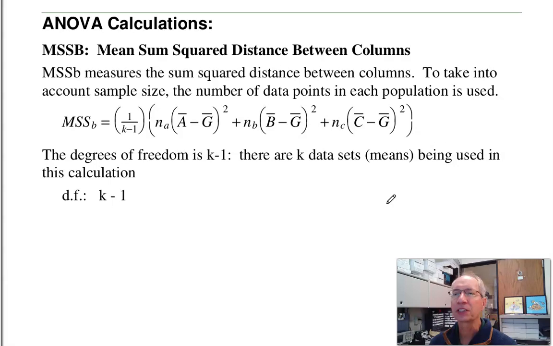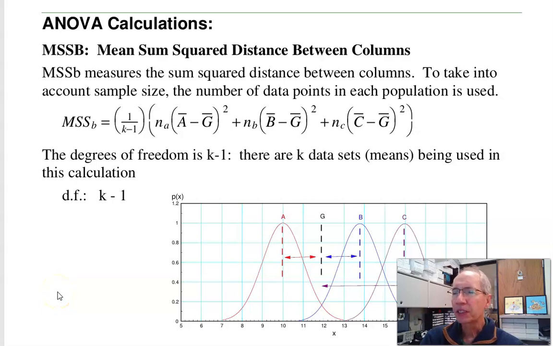So here's how the calculations go. The mean sum between columns is defined as follows. You've got your 3 data sets. So let's do the calculations for the numerator and denominator. In the numerator, I want to find the mean sum squared between columns. So what I'm doing is I want to know, I've got population A, B, and C. What is the variance relative to the global mean? Now this is kind of why my personal opinion is this calculation is incorrect, and they'll show up a little bit later.